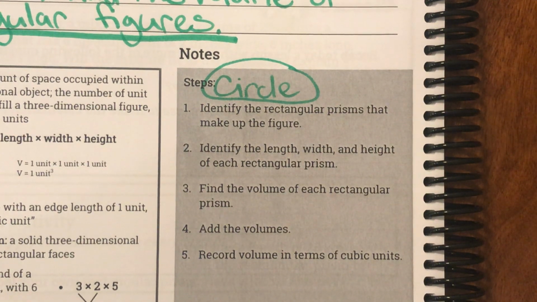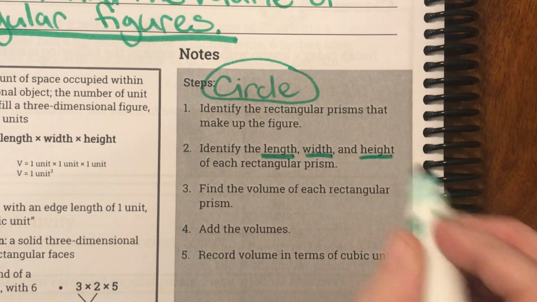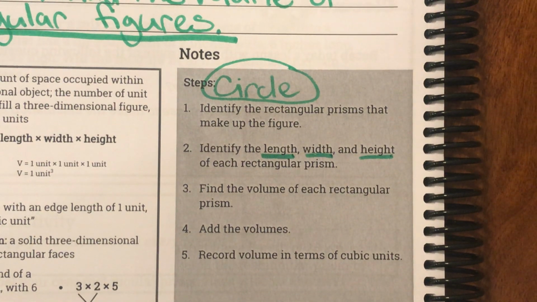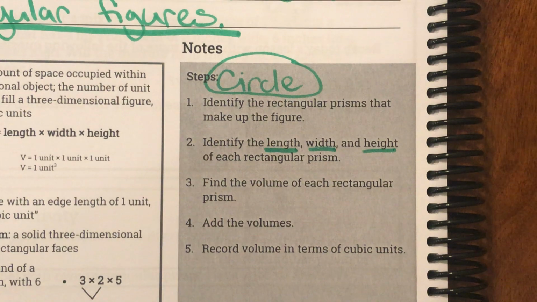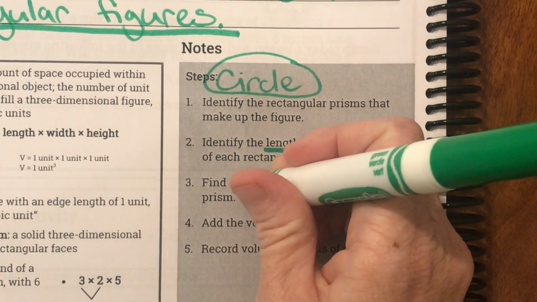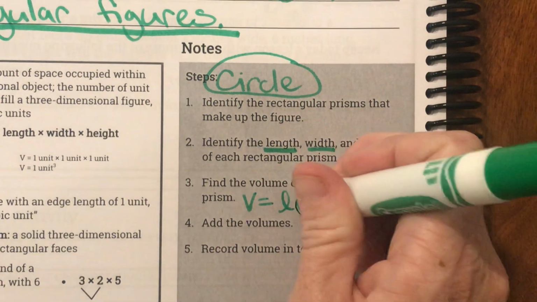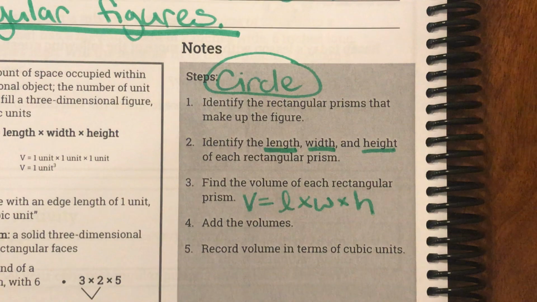Step 2 says identify the length, width, and height of each rectangular prism. They might try to trick you, or you might have to find some of them. So just make sure you have the necessary measurements to do your work. Step 3 says find the volume of each rectangular prism. So you're going to use your formula. You're probably going to be using volume equals length times width times height on all of them.